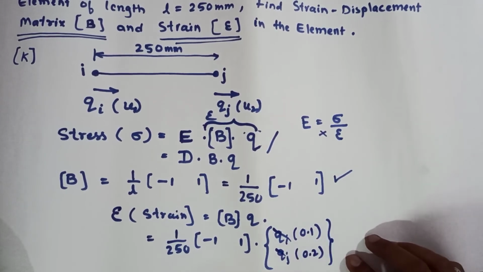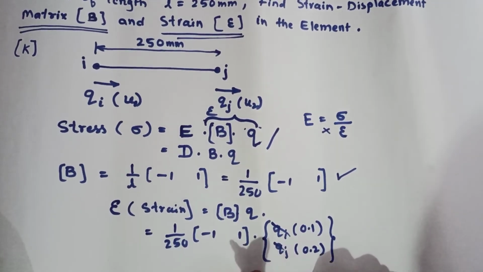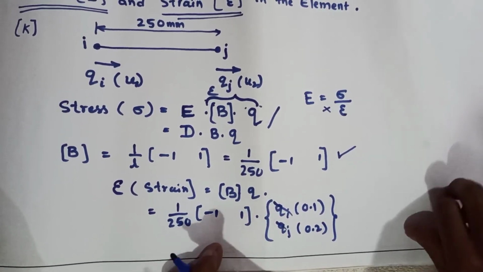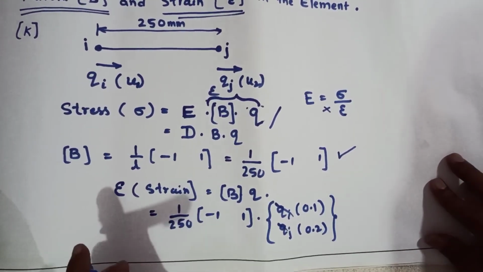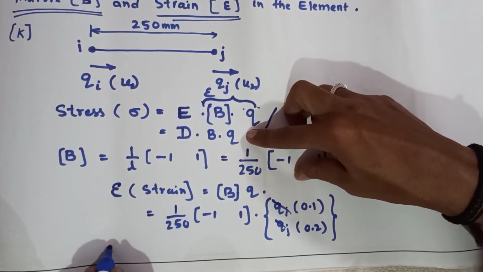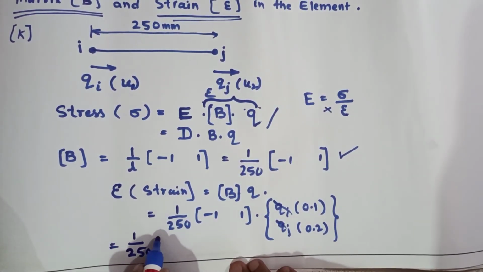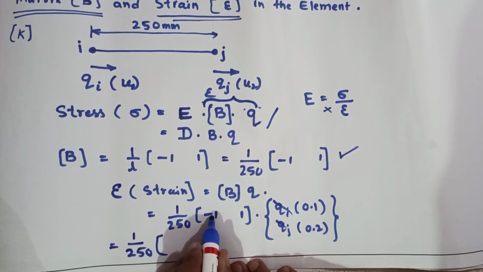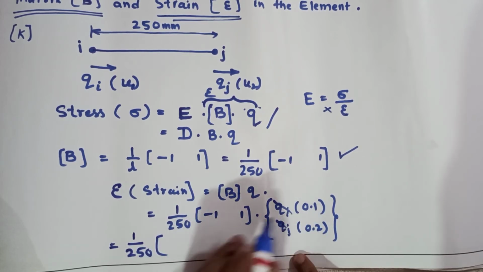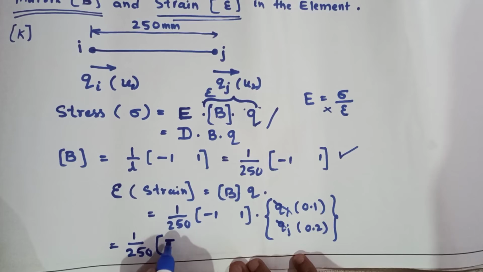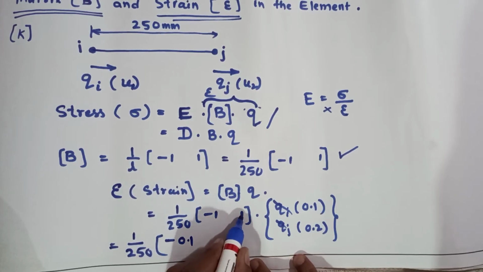Now you need to make the multiplication. Let us take the 1 by 250 as it is. Now minus 1 into 0.1 will be minus 0.1, and 1 into 0.2 is plus 0.2.